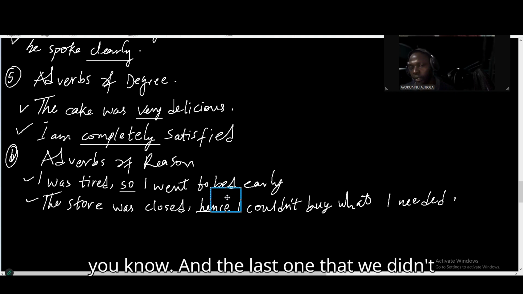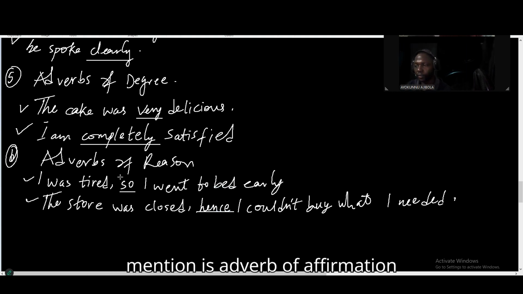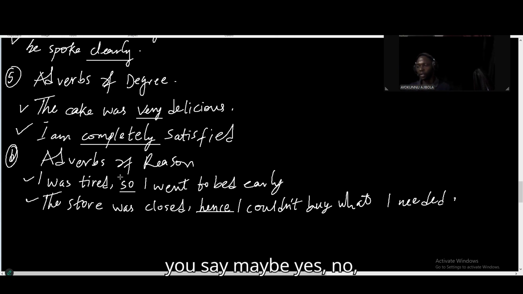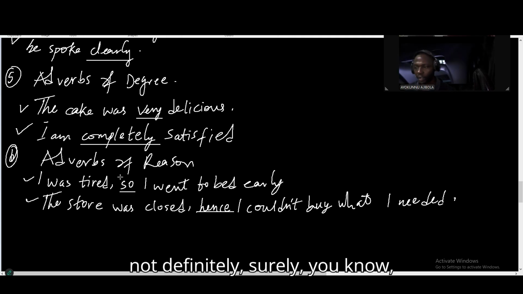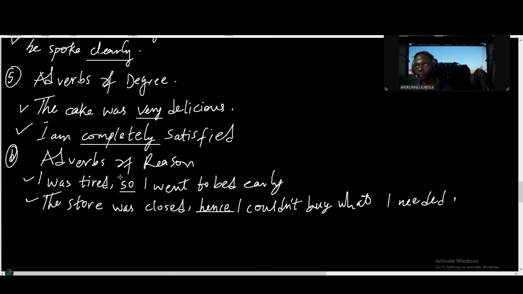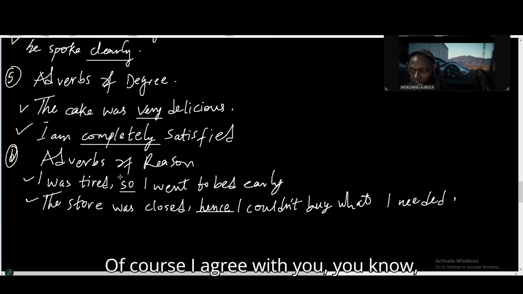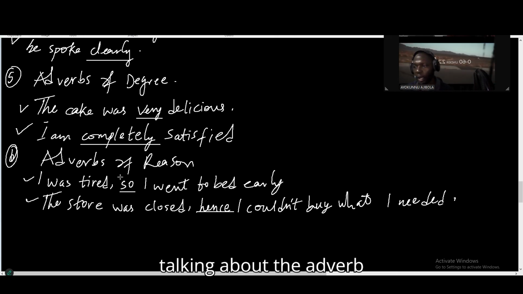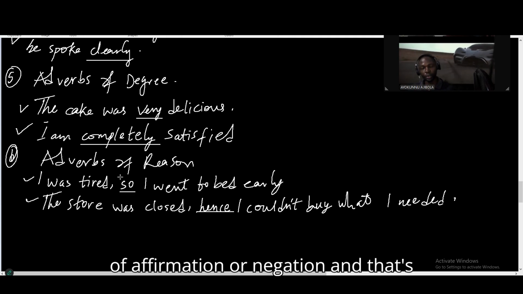And the last one that we didn't mention is adverb of affirmation or negation. Example could be maybe, yes, no, not, definitely, surely. So I would definitely be there. Of course, I agree with you, talking about the adverb of affirmation or negation.